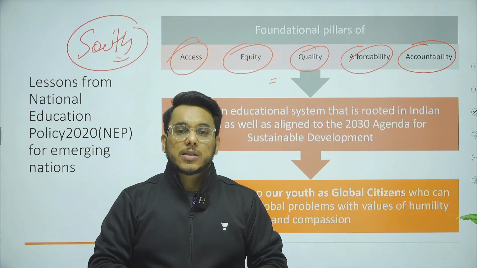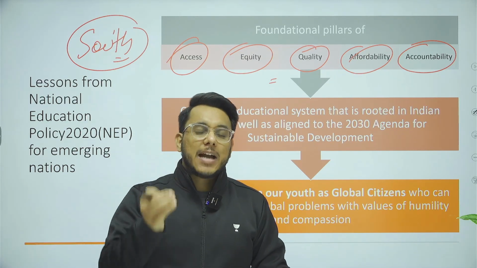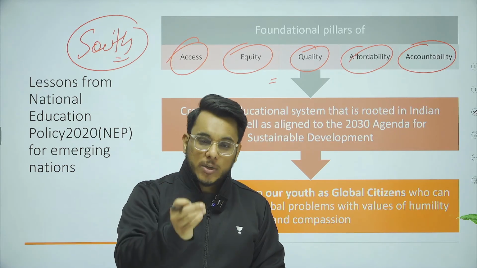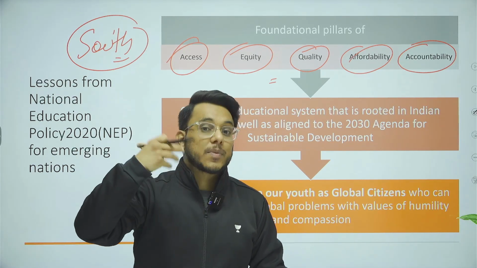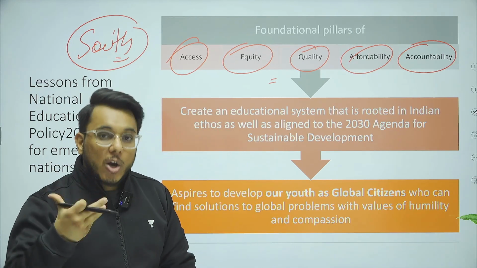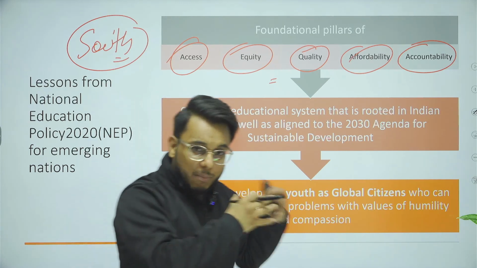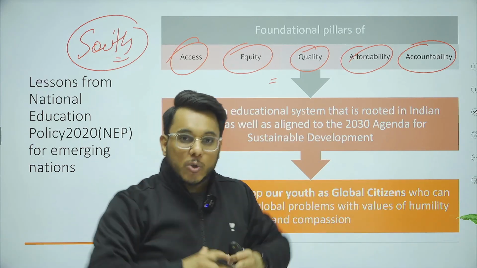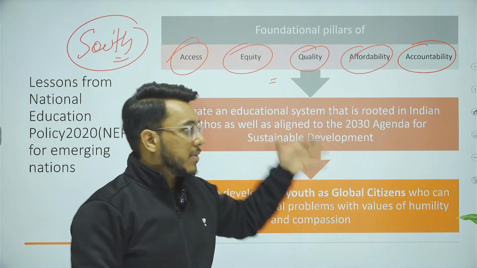You already know that through the Right to Education Act, we are providing free and compulsory education to students between the ages of 6 and 14 years. Such an affordable model of education can be taught by India to these Global South countries, and by that they can enhance the educational outcomes in their countries.